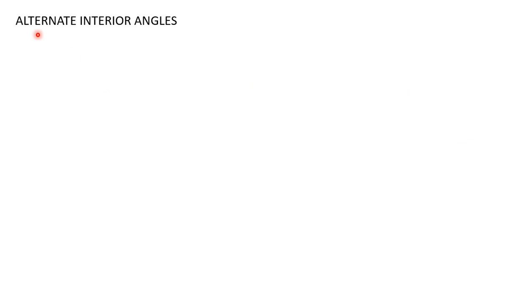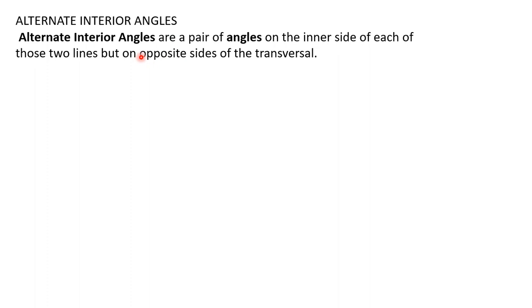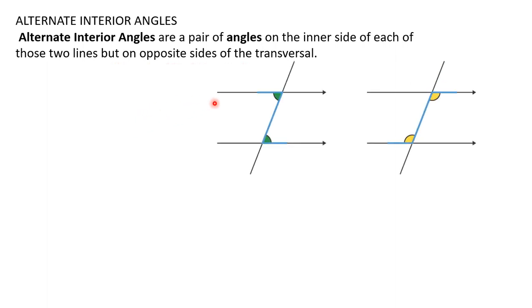Then next is alternate interior angles. These are a pair of angles on the inner side of each of those two lines, but on opposite sides of the transversal. So what is the meaning of this? Let's see these two figures.